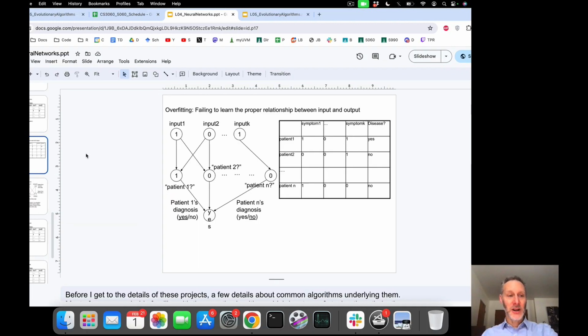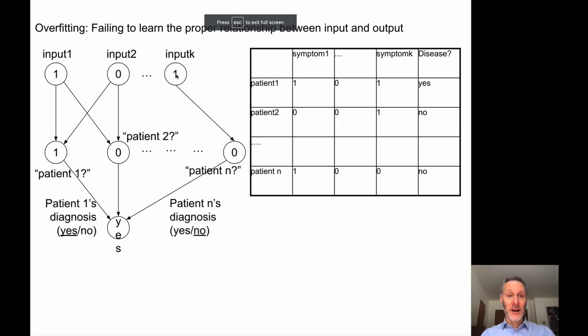Just to remind you, we were talking about neural networks last time. Very generally speaking, neural networks are made up of simulated neurons represented as these circles and synapses represented by these arrows, which are connections between neurons.